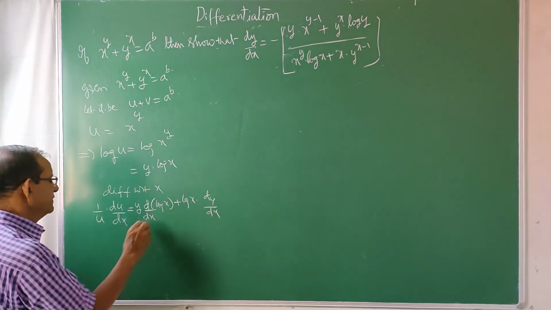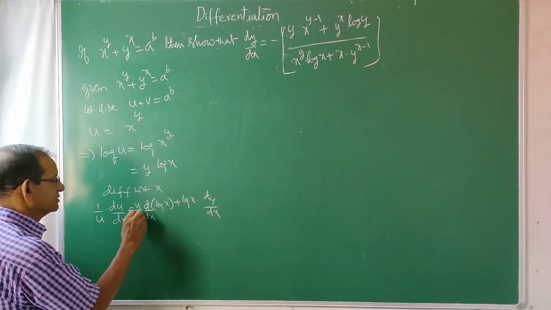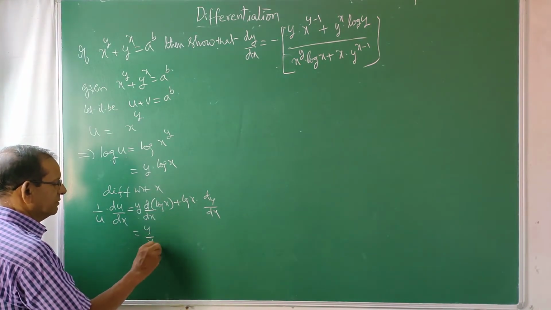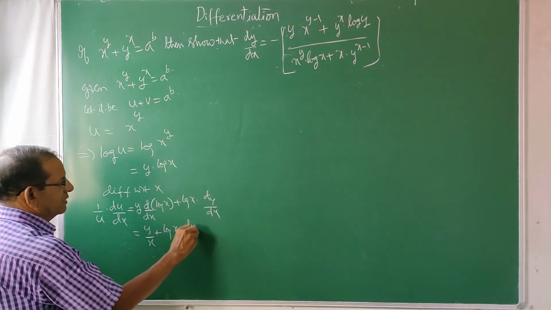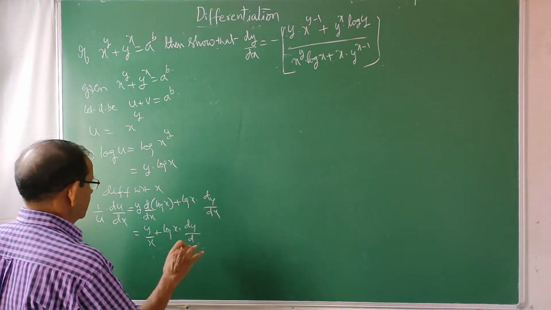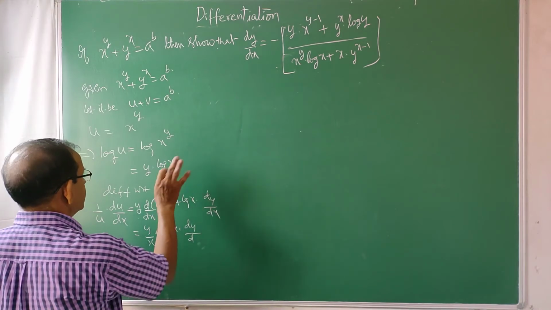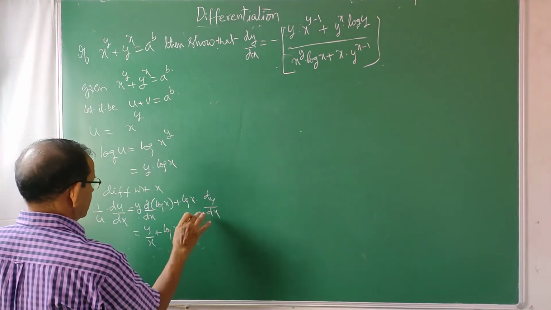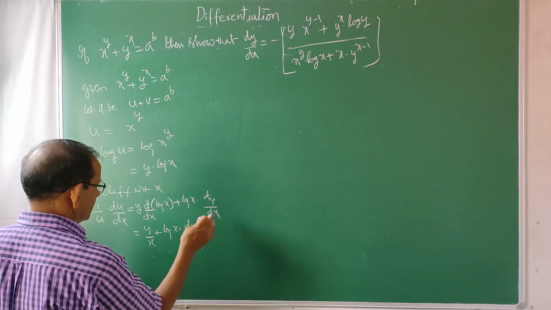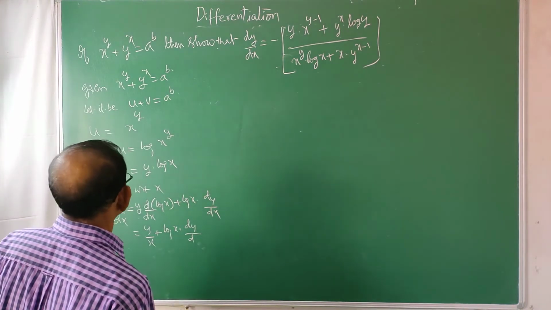Log x derivative is 1 by x. So y into 1 by x, y by x, plus log x into dy by dx.